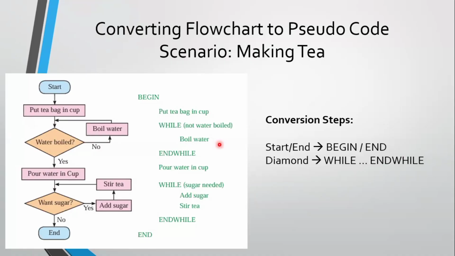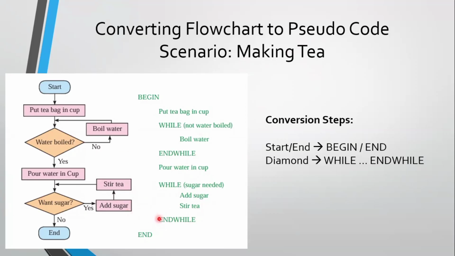Now let's practice converting a real life flowchart into code. In our making tea example, if the tea isn't sweet enough, you add some sugar and stir. We do the same thing until the taste is good. When the taste is good enough, the flowchart says the end.